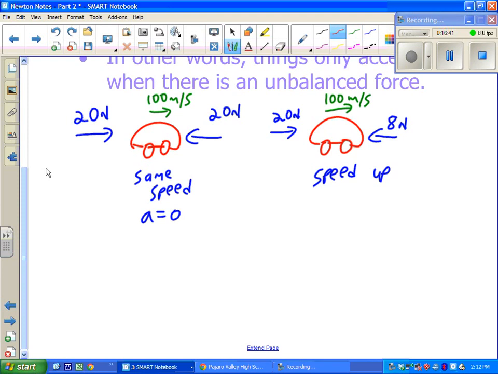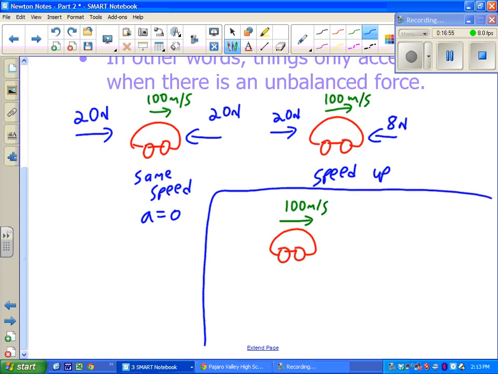And if we have a car, and it's going 100, and it gets pushed 20, and it gets pushed 30, this car will slow down.